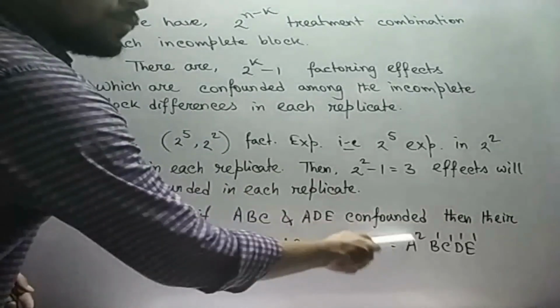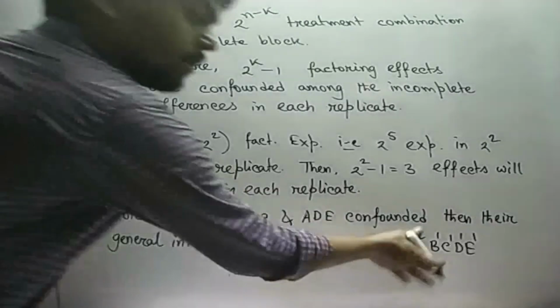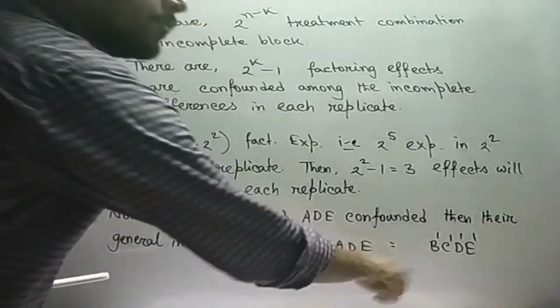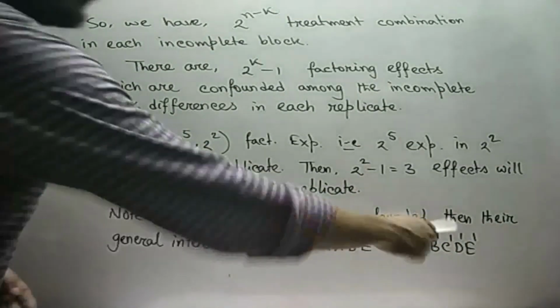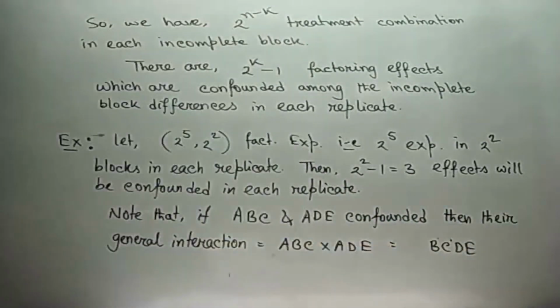The power of A is 2, so the remainder will be 0 and A will vanish. The powers of BCDE are all 1, so all the remainders will be 1. That's why the general interaction term will be BCDE.